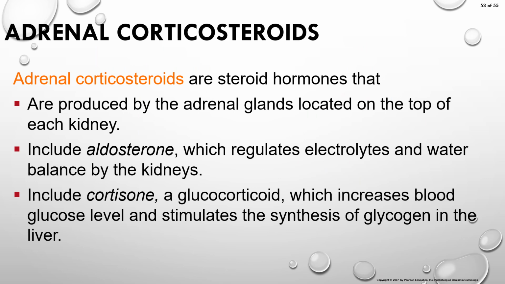Okay, corticosteroids include aldosterone, which regulates electrolytes and water balance by the kidneys. So most individuals have never heard about this particular hormone, aldosterone, yet it plays an important role in cardiovascular health. Understanding this hormone will help us understand our body better and help us take measures to ensure optimal health.